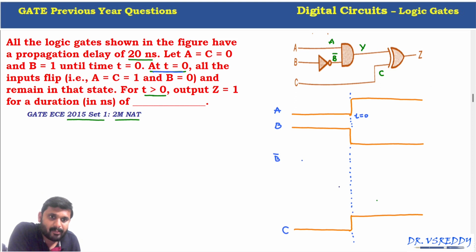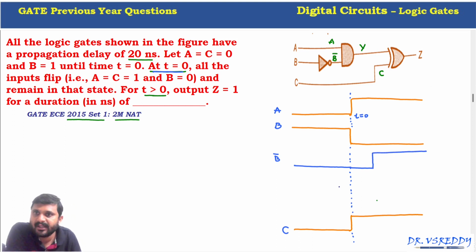Till now it is 0, so here also till 20 nanoseconds. After 20 nanoseconds only, B complement equals 1, since the propagation delay is 20 nanoseconds. So at T equals 20 nanoseconds only, the B complement equals 1.